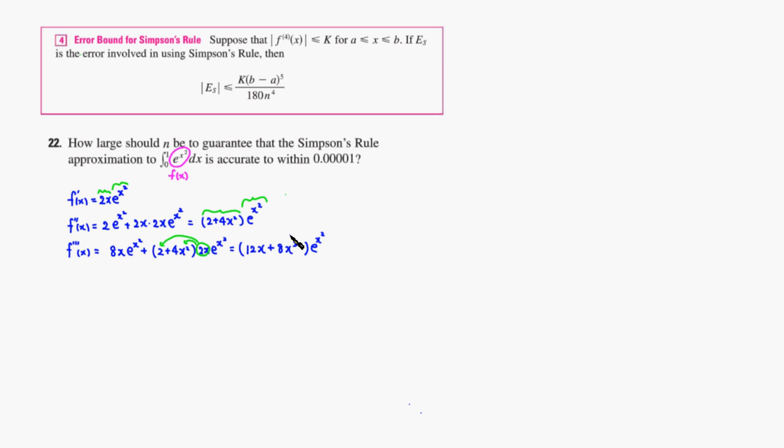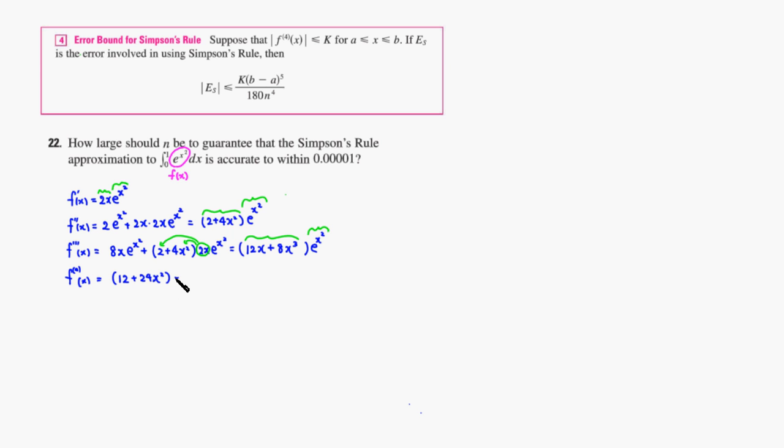We're almost there. One more derivative. So we take the fourth derivative of f. You get, this is now our first guy, this is the second guy. The derivative of 12x is 12, and the derivative of 8x cubed is 24x squared.